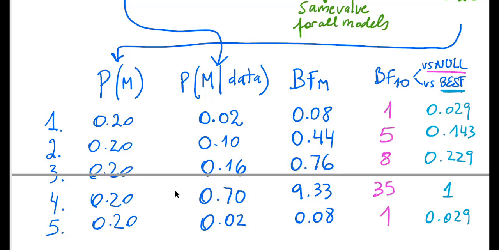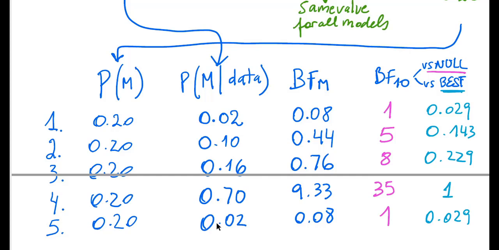Then again, we do 0.20 divided by 0.80, which is 0.25, and then we do 0.70 divided by 0.30. So that gives us a value higher than 1, divided by 0.25, that's 9.33. So this is the only model where the posterior odds went up.